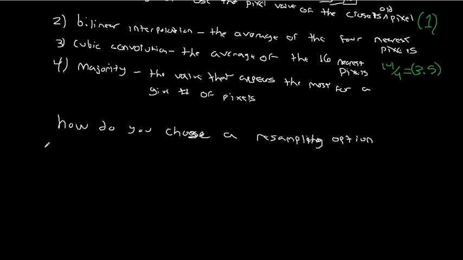So basically, nearest neighbor when you don't want to change pixel values.